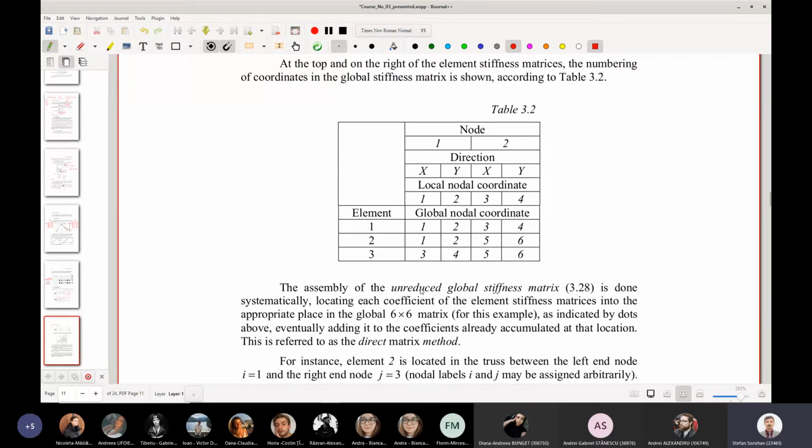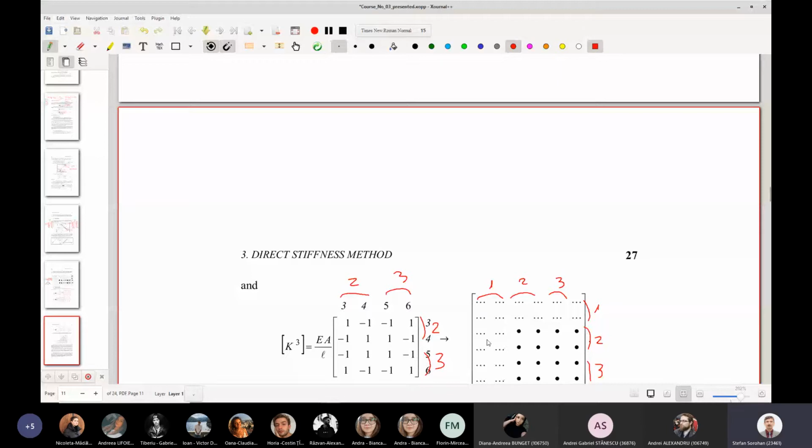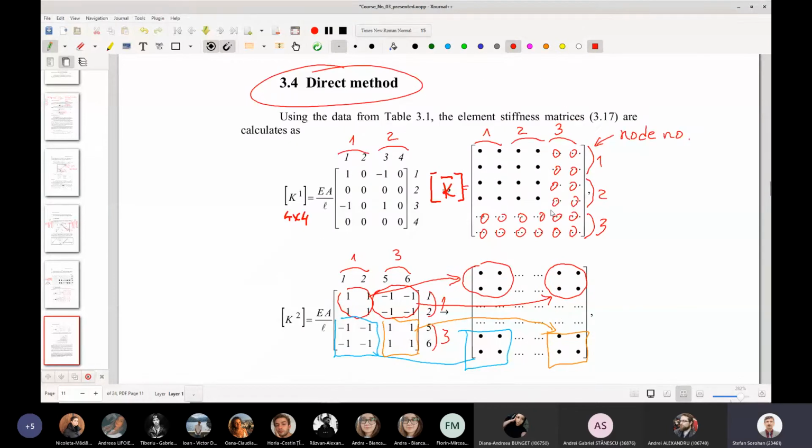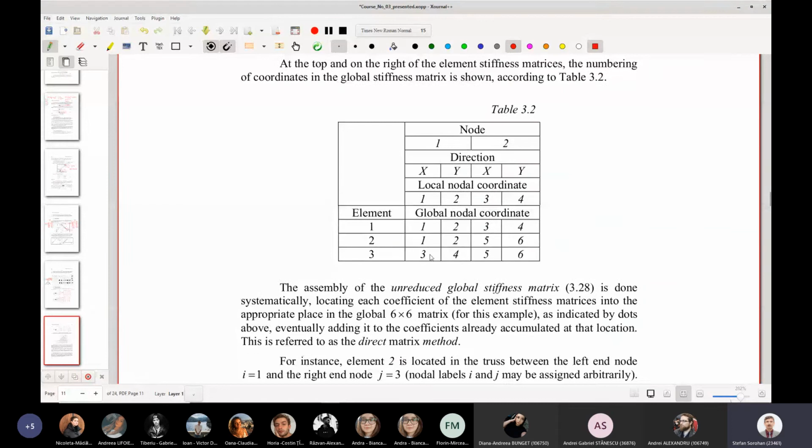This idea was used to obtain the global stiffness matrix just by simply adding these expanded matrices. So the idea is, using this matrix of connectivities, it was observed that this matrix, capital K bar, is capital K for element 1, plus capital K for element 2, plus capital K for element number 3.